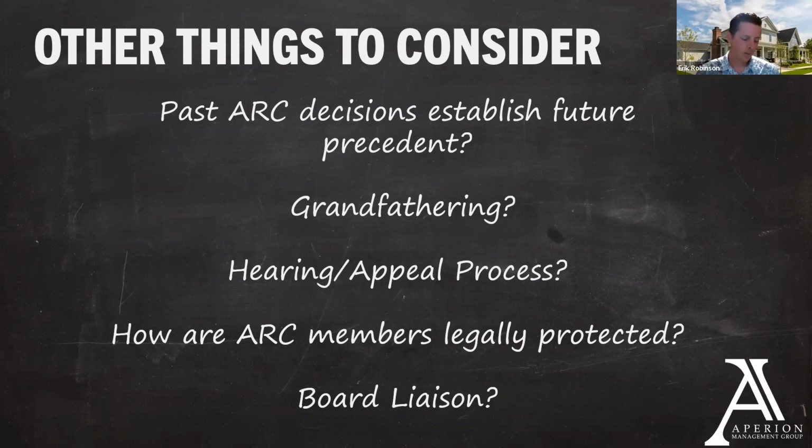So what I will tell people in this case is some of the things we've already talked about today, in that the design guidelines are a dynamic document. They do change and they do get revised over time.